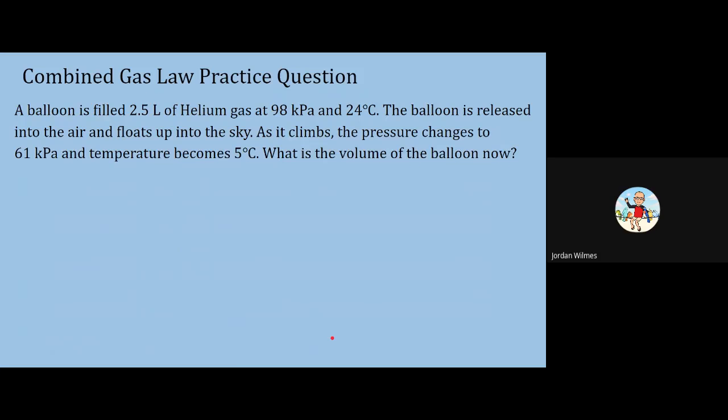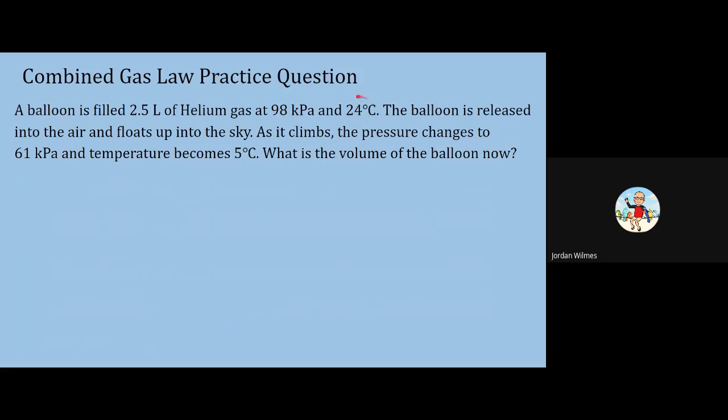All right, here's one of those combined gas law problems. If you would please work this out with me as we go through it together. A balloon is filled with 2.5 liters of helium gas at 98 kilopascals and 24 degrees Celsius. 24 degrees Celsius, we don't use Celsius, remember.